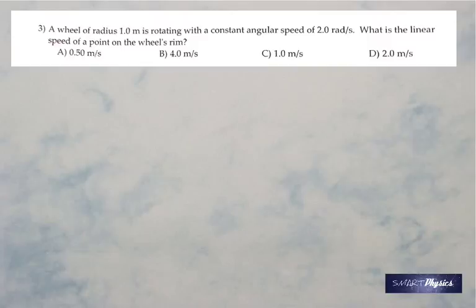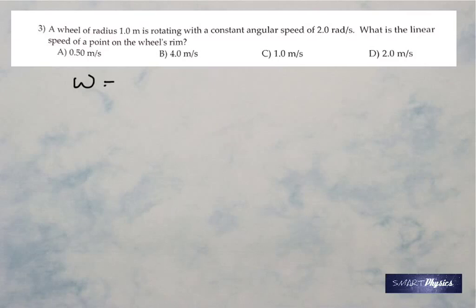A wheel of radius 1 meter is rotating with a constant angular speed of 2 radian per second. So that's omega, because it's given in radians per second. What is the linear speed of a point on the wheel's rim? So you're given omega and you have to find the linear speed v.